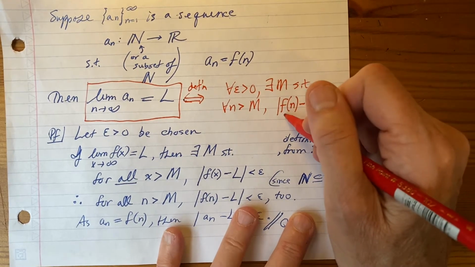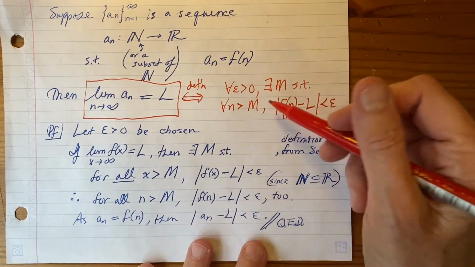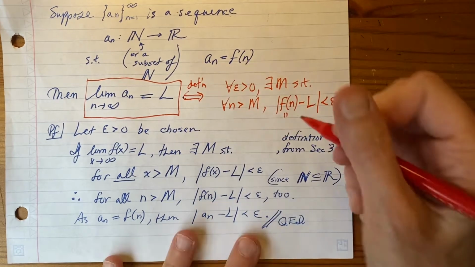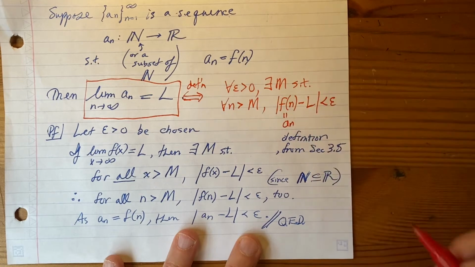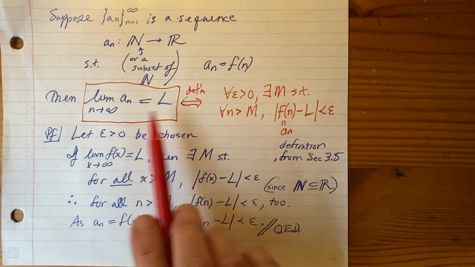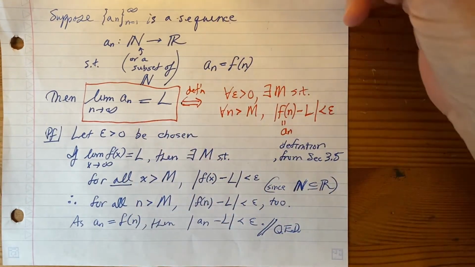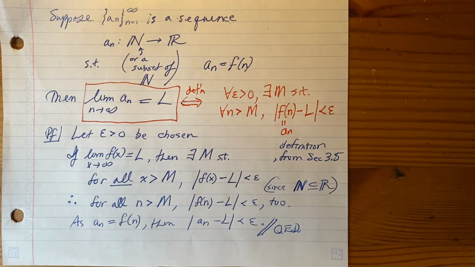Now, of course, instead of writing f of n in the definition of the limit of a sequence, we write a sub n right there. So that's what we would need to prove to show this theorem is true.